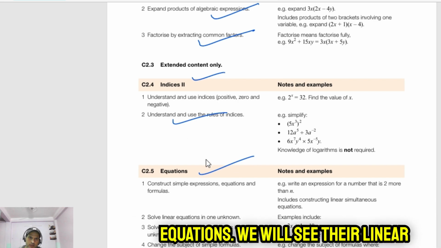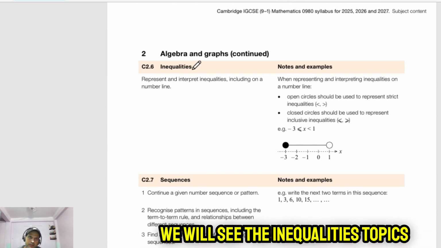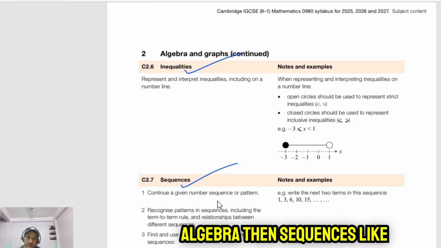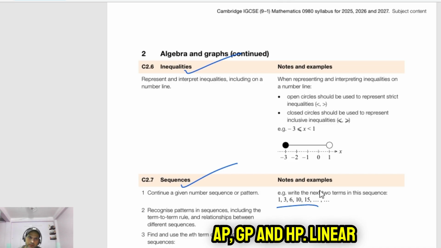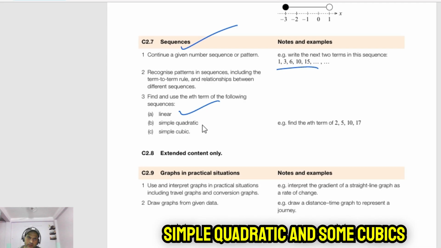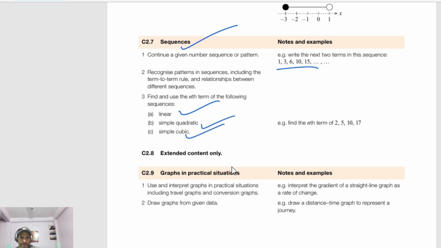Equations: we will see linear equations and how we can solve them. Then we will see inequalities. Then sequences like AP, GP and HP, linear, and finding the nth term of linear and simple quadratic and some cubic sequences. We will see this in this part.